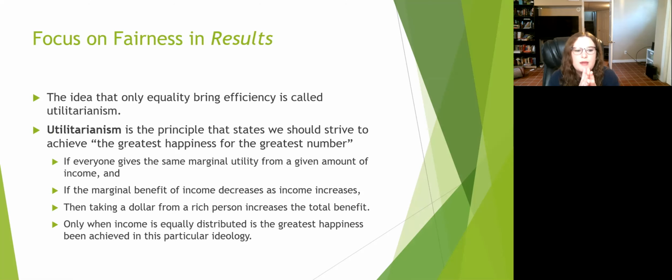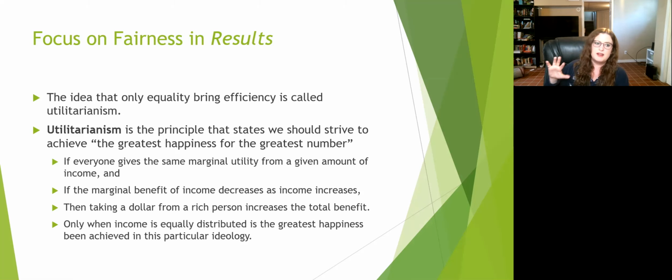So let's talk first about the fairness in results. The idea that only equality brings efficiency is called utilitarianism. Utilitarianism is the principle that states that to really make an efficient society, we should have the greatest happiness for the greatest number of people. The way it does that is by looking at marginal benefits.